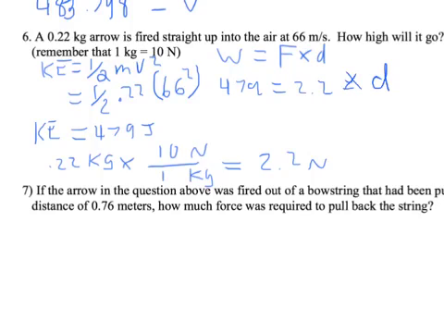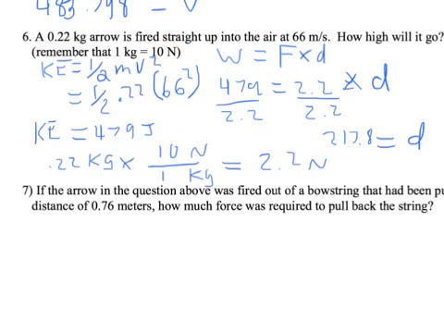times distance. Now I have to undo what's being done. I'm multiplying by 2.2, so I'm going to divide both sides by 2.2. And what I'll find then, sorry for the mess here, is 217.8 meters, but it looks to me like I have two significant figures here, so I'm going to round my answer to two significant figures.